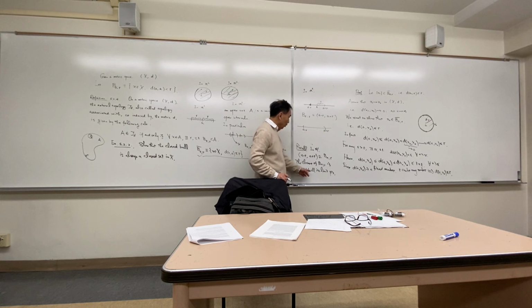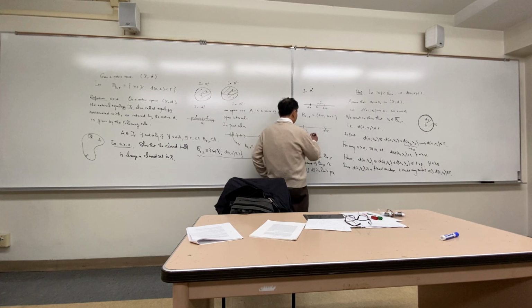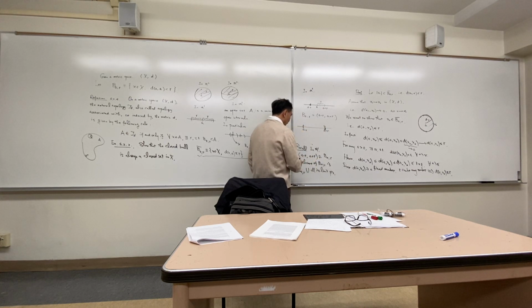If for an open set you include its boundary, then it becomes closed. So here the closure of B, in this notation, this is the closure.